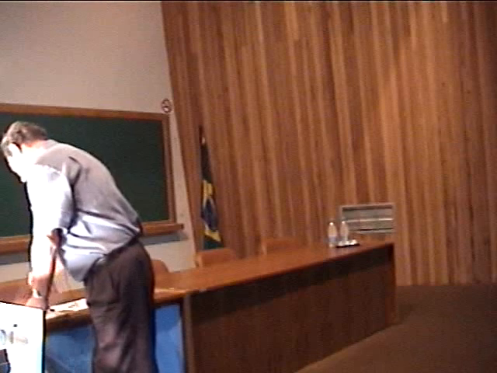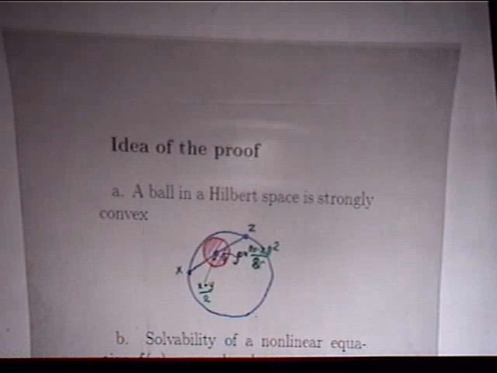And I'll try to explain to you why it's the case. First of all, it's important that we deal in a Hilbert space, not in a Banach space. So a ball in this space is a strongly convex set.